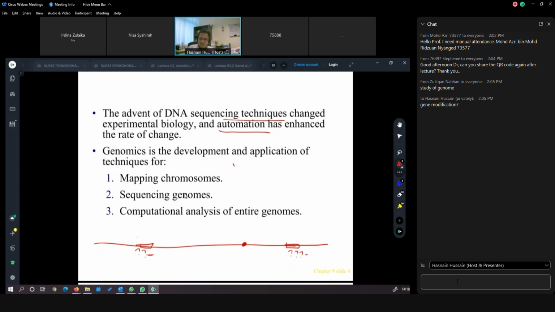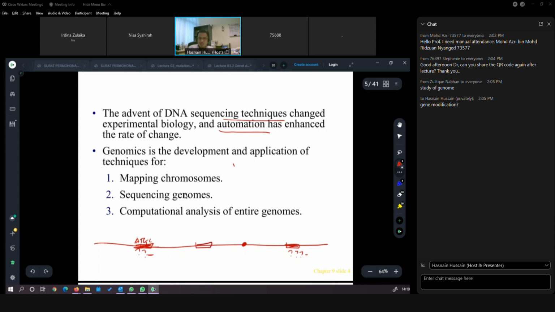And with the advancement of technology and technique, scientists can start to get the ATGC sequence of a gene, or a certain area. So mapping relates to the general area on the chromosome, sequencing gives more detail, and once the technique is more advanced, you can sequence the entire chromosome.